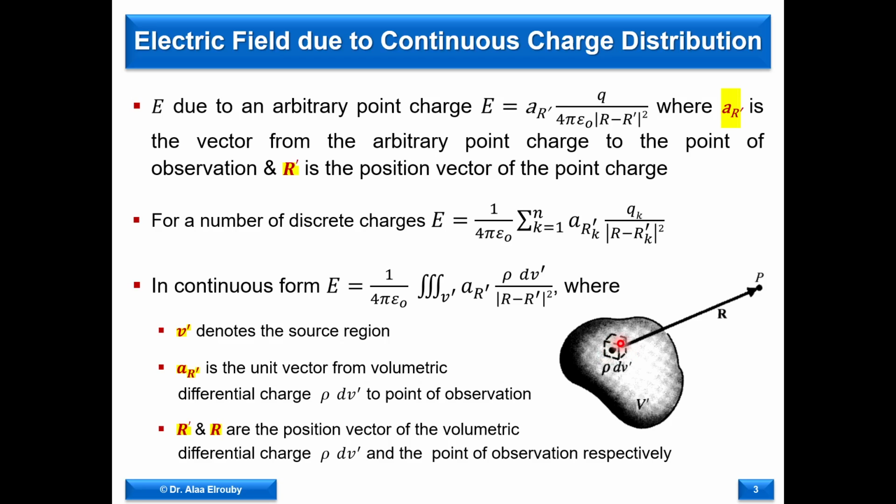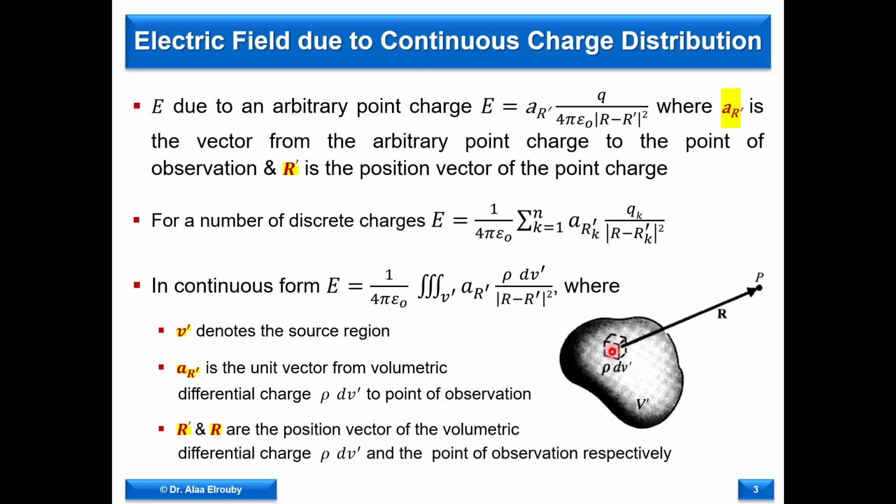So if we have a very tiny volume dV prime, the total charge in this volume equals rho v multiplied by dV prime. Rho v is the volumetric charge density. dV prime is the volume of this differential element. Because it's differential, very tiny, we deal with this as a point charge.